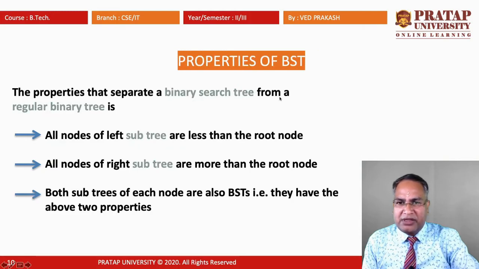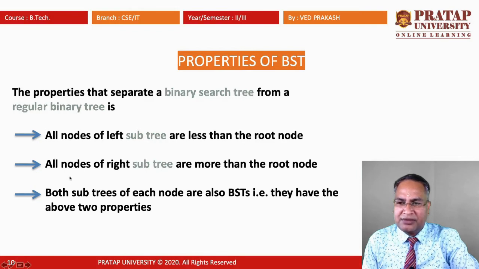There are some properties of a binary search tree which differentiate it from a regular binary tree. First one, all nodes of the left subtree are less than the root node. It means the value of the left subtree is always less than the root node value.